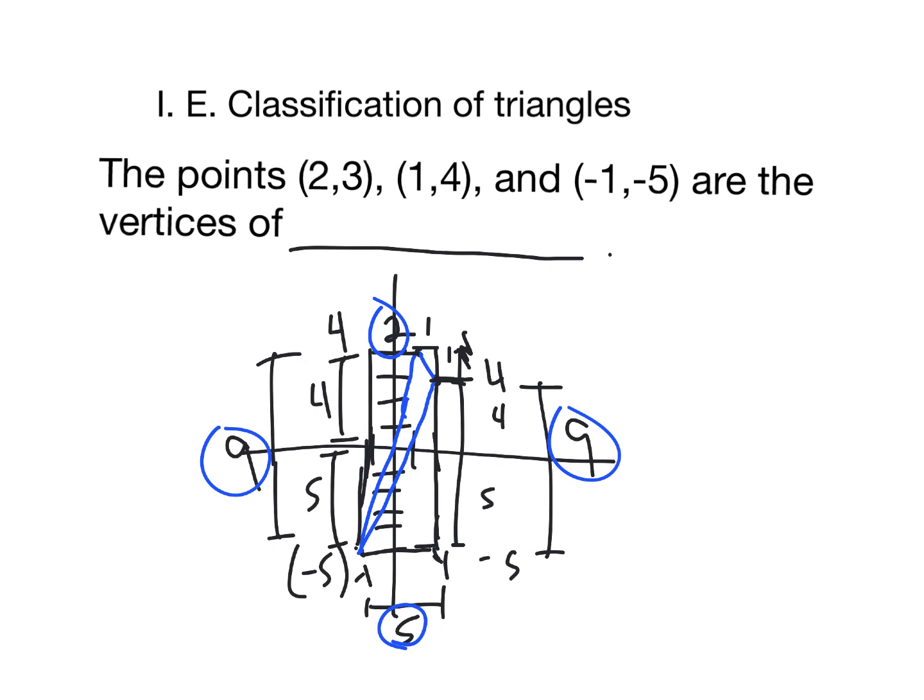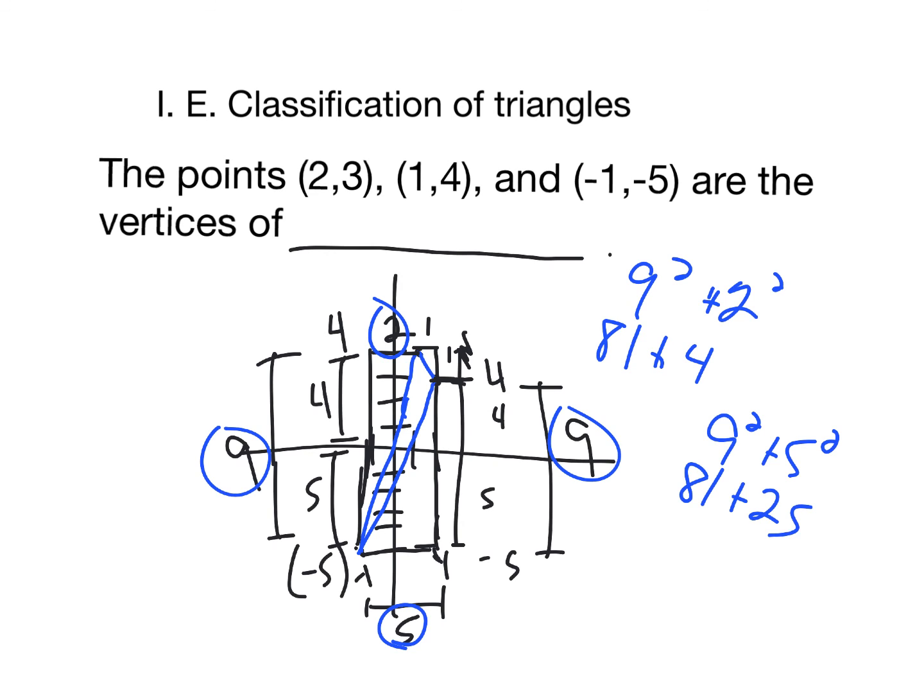Basically, the triangles could look different, but if you add these together, they should be the same if they're the same length, because this is like our a squared plus b squared equals c squared, and that would be finding the distance of the side of our triangle.